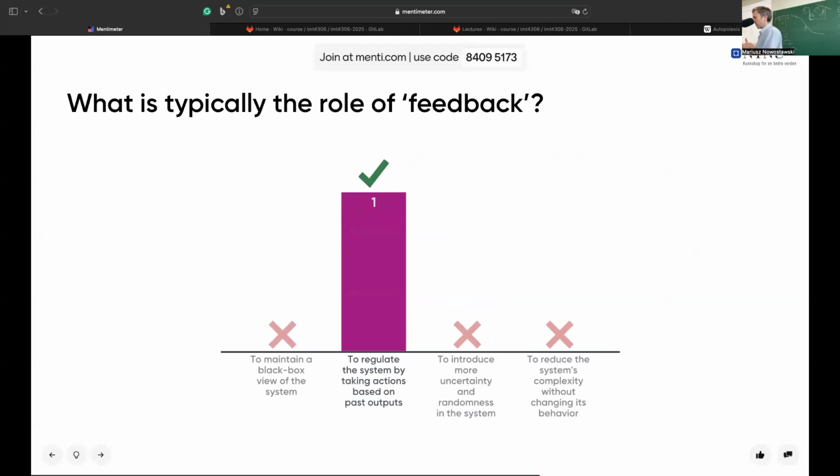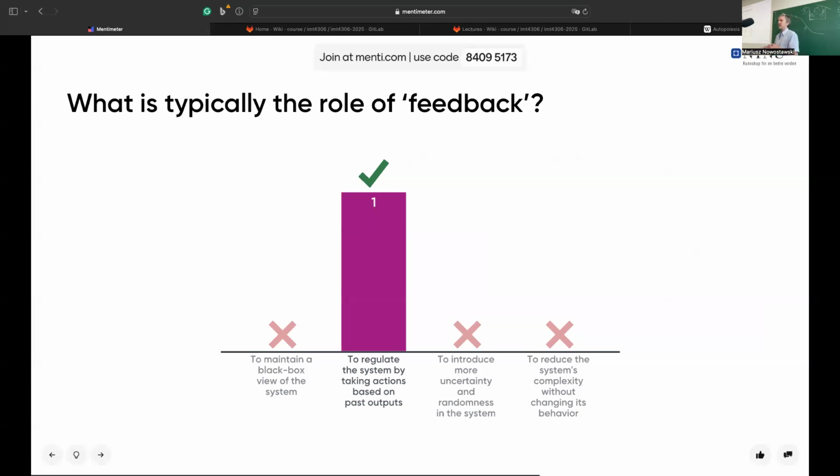Perfect. So we basically use a feedback mechanism to learn what has worked before and what needs to happen, right? Some feedback loops are hard-coded, but some feedback loops can be adaptable and adapted to circumstances. So we take actions based on what has happened.